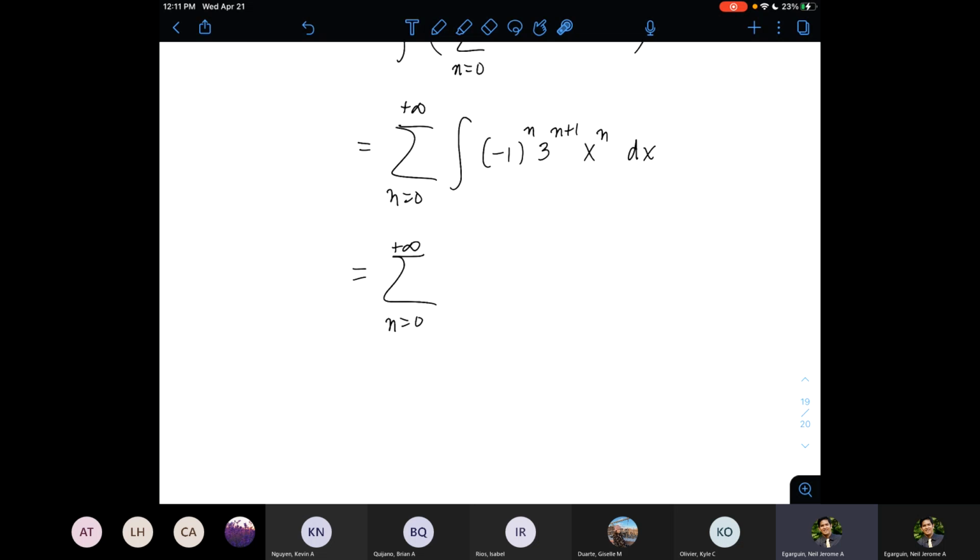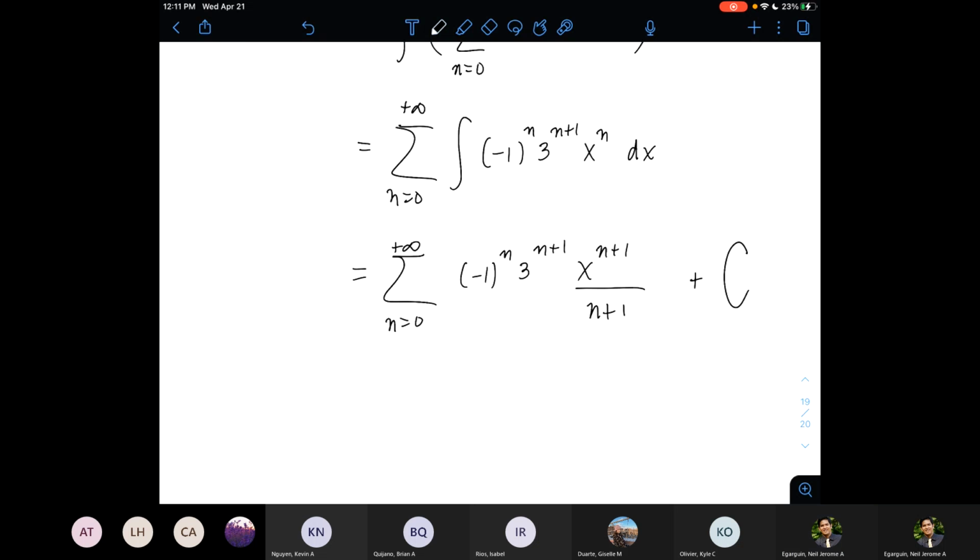And we are integrating with respect to x, so all those without an x are treated as constants. So these guys can go out of the integral. I'll have negative 1 to the power n, 3 to the power n plus 1, and we'll be left with the integral of x to the n. For that, I can just use the power rule for integrals. The integral of x to the power n, you should remember, is x to the power n plus 1 all over n plus 1, plus an arbitrary constant all the way out of the summation.